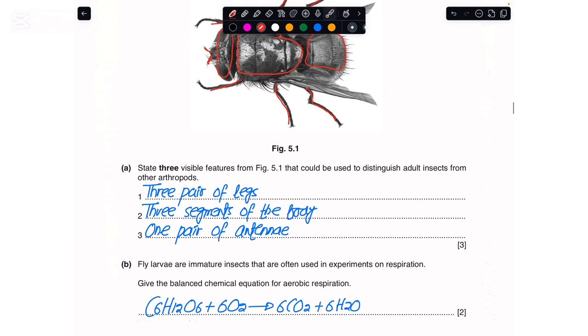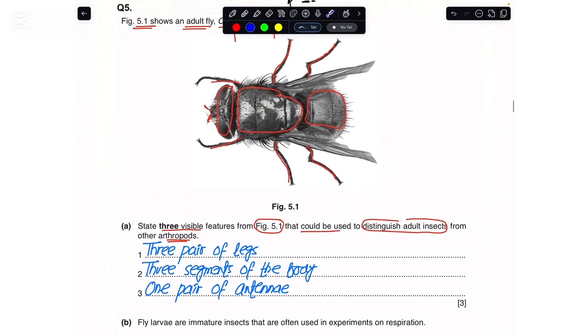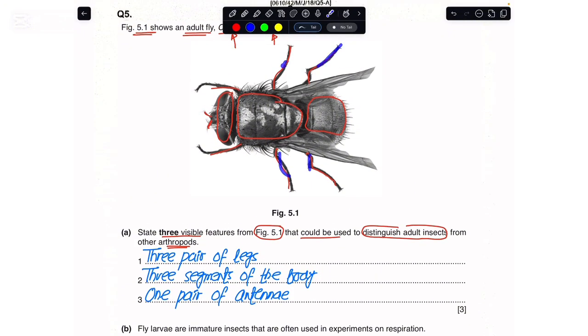They ask you for 3 marks: you are required to tell three visible features shown in figure 5.1 that could be used to distinguish adult insects from other arthropods. Among the other arthropods, we have myriapods, crustaceans and arachnids, but specifically for insects, as I have said, they have three pairs of legs, their body has a total of three segments, and they have one pair of antennae.